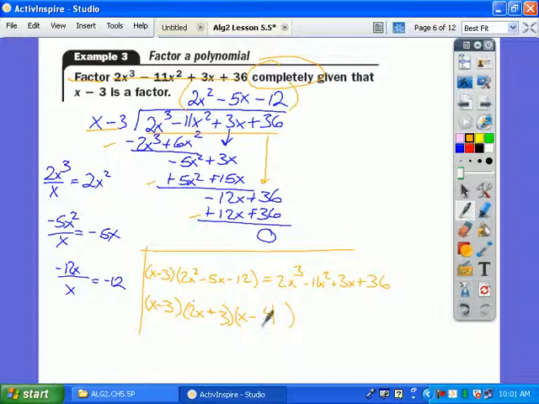So 2x times minus 4 is negative 8x. 3x is 3x, so that should give us negative 5x in the middle. So that should work for us. And so now this is factored completely. Okay, that is the complete factorization of our original polynomial that was a third-degree polynomial.